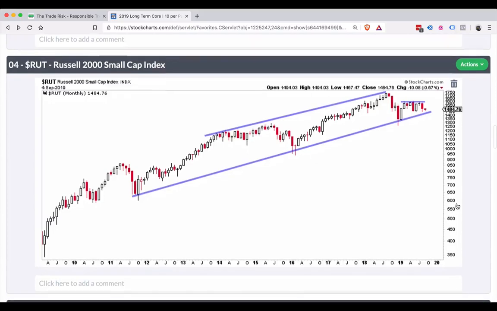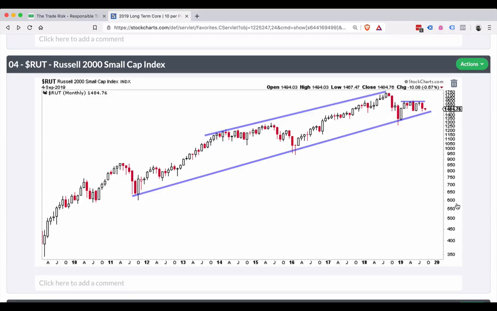Now the Russell 2000, if we scroll down here, you can see this one very much is diverging from the other major averages. The Dow Jones, the S&P, the composite all look pretty similar, with correlation pretty high over the recent year or two.